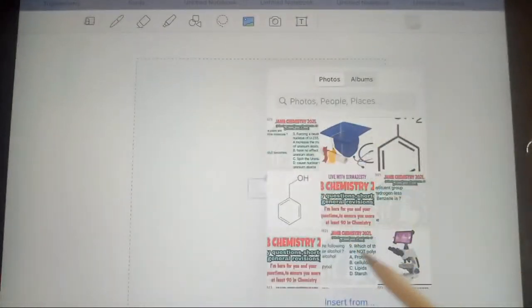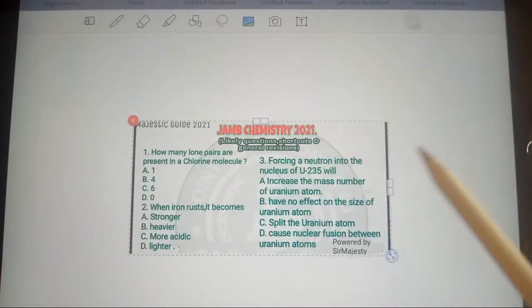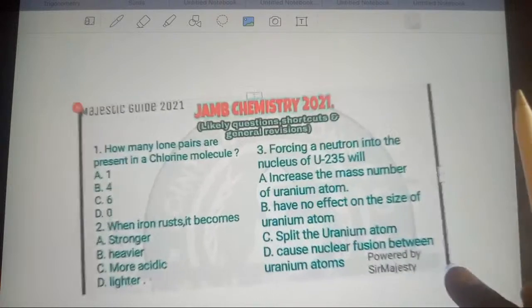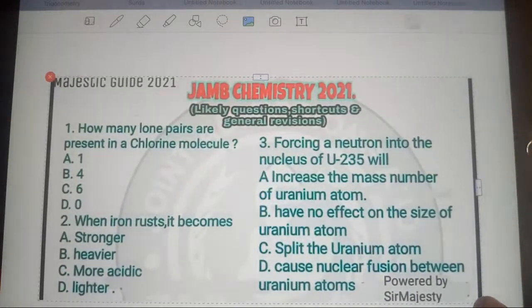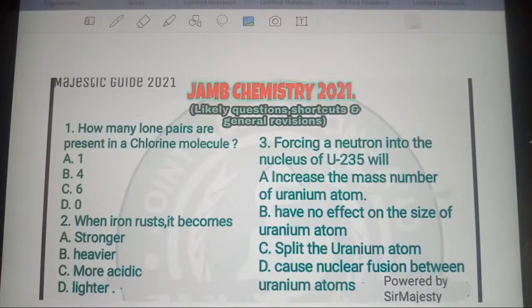So over here, I'll give you the answers, and before then, I have to lift the questions. So we have question number 1 here. Just for you to see clearly, the question says, how many lone pairs are present in a chlorine molecule? Option A says 1, option B says 4, option C says 6, option D says 0.